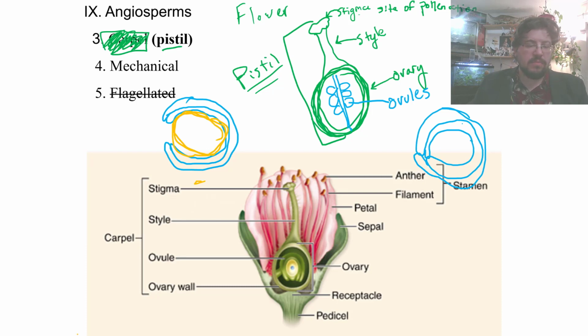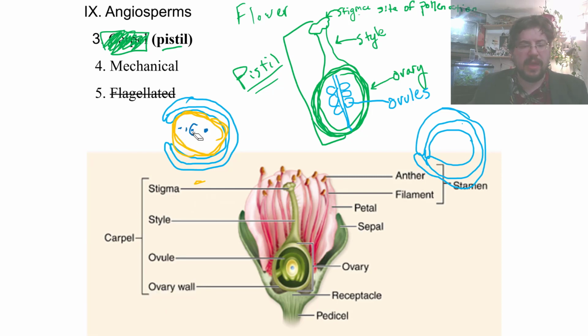The megasporangium produces the megasporocyte, which undergoes meiosis and gets us the megaspore.